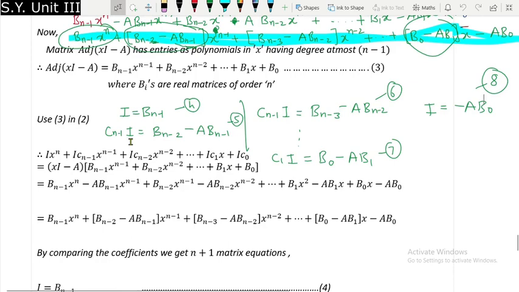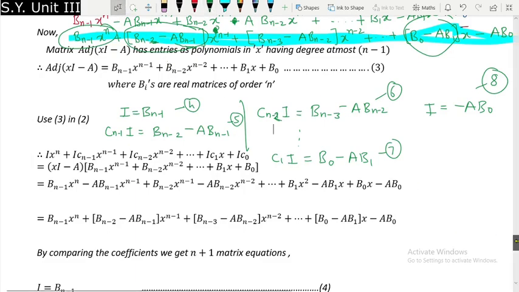This will not create any problem, because I multiplied by a raised to n minus 1 will be again a raised to n minus 1, right? And what about this? Oh, there is a mistake over here. It should be n minus 2, right?